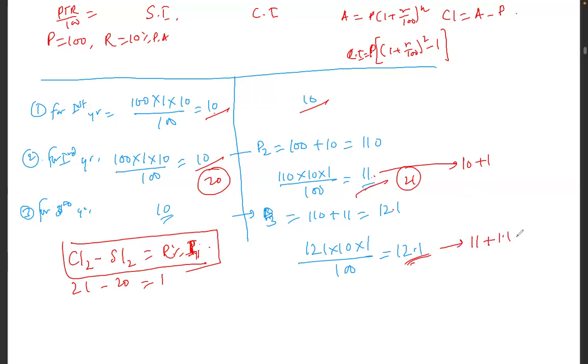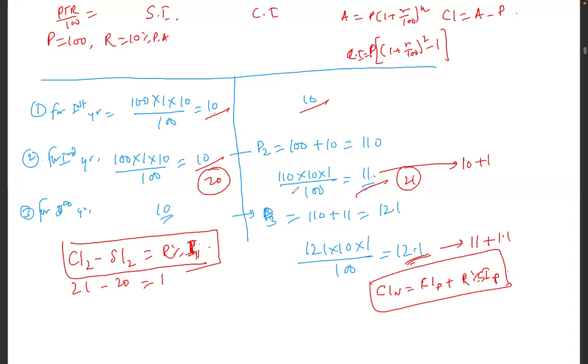So what is happening? Can I say compound interest for next year is equal to compound interest of previous year plus R% of interest of previous year. Isn't it? So this is how you can calculate it. Clear?